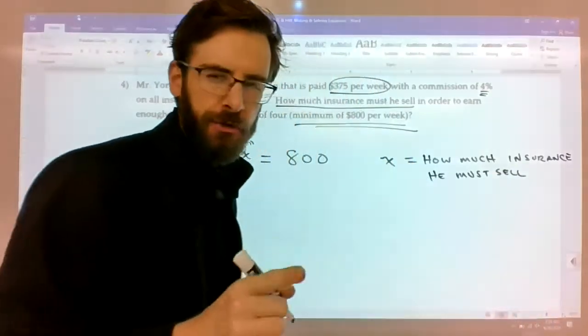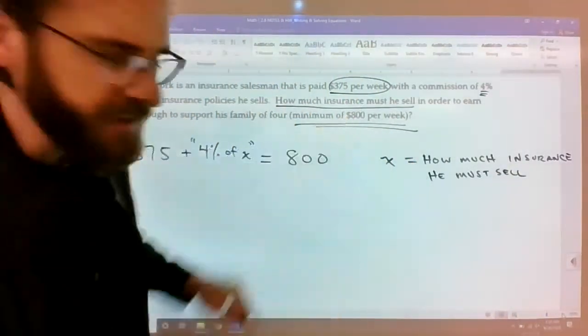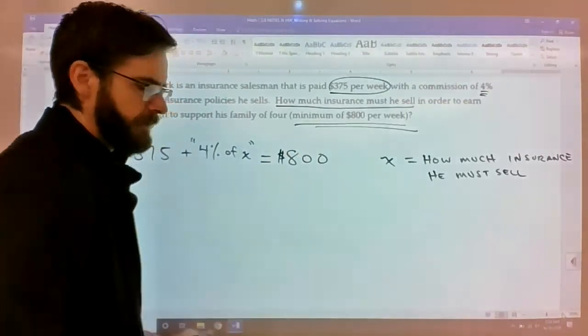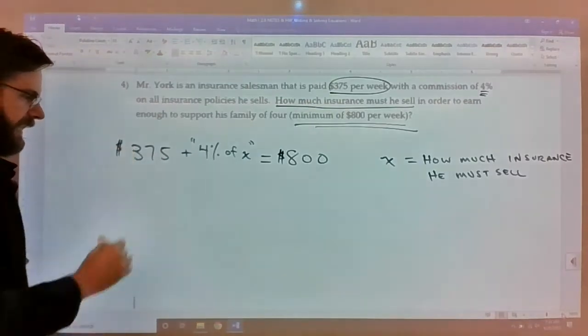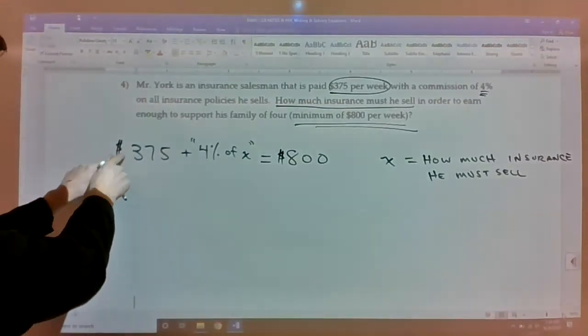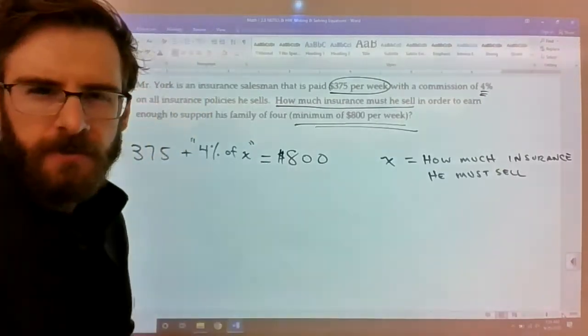And here's kind of the tricky part that a lot of times will trip up students. The right-hand side is in terms of dollars. The 375 is in terms of dollars. I have to take dollars plus dollars to get dollars, okay?